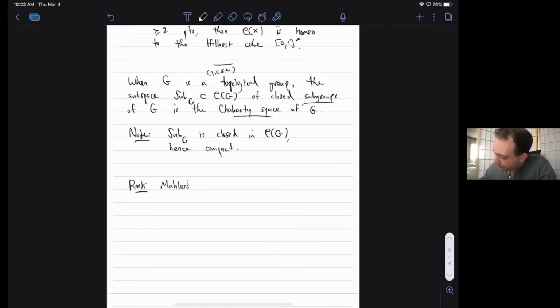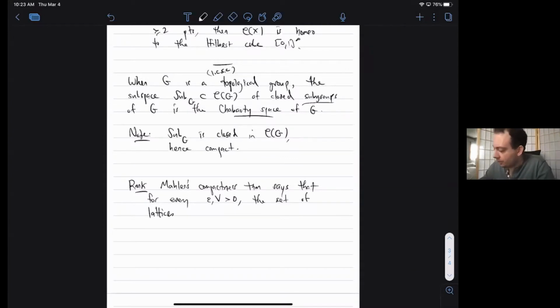Mahler's compactness theorem says that for every epsilon and V, I can look at the set of lattices, which are discrete subgroups isomorphic to Z^n in R^n.